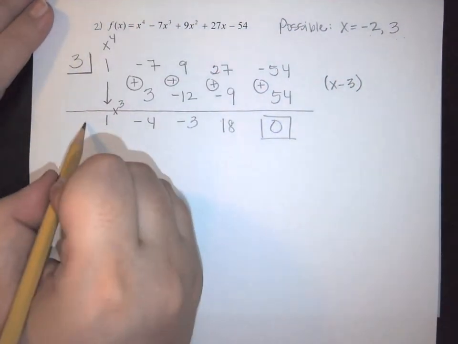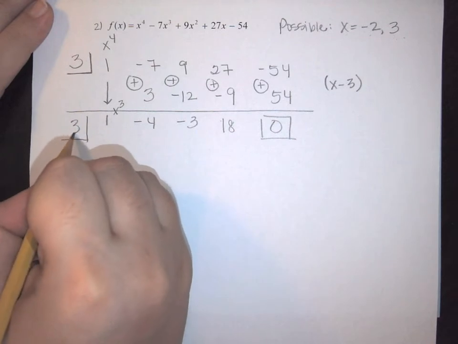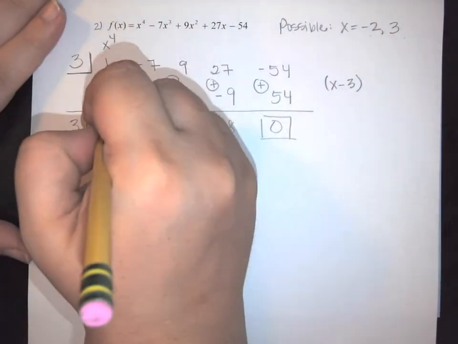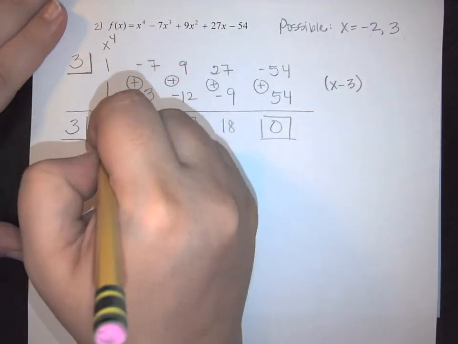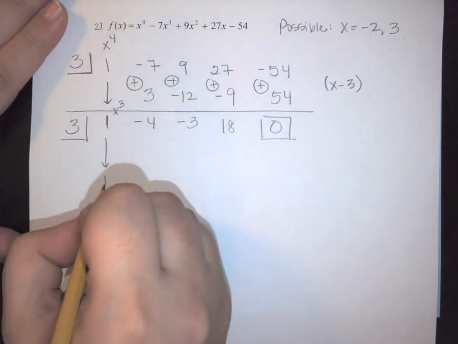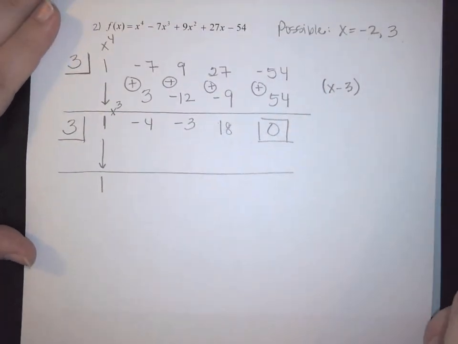Now with that, I can start myself a new box. And again, once you find a 0 that works, you test again because of the multiplicity idea. So I'm going to bring this down again as a 1.